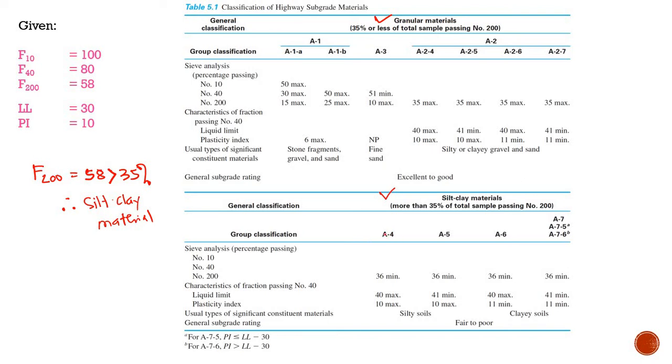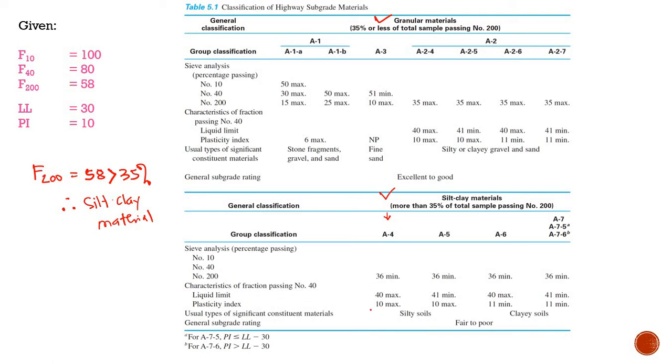So, in our classification, we start to check if the soil meets all the conditions presented in this group A-4. If so, automatically, this will become the group classification of the soil. So, we always start from left to right. Again, when all the conditions on this particular group are satisfied, automatically, this will become the group classification of the soil.